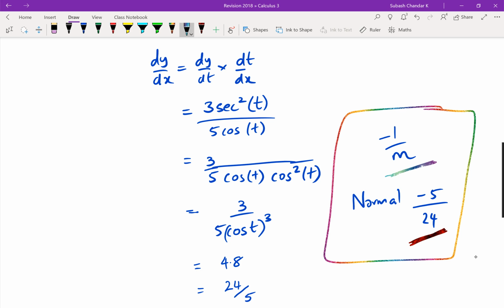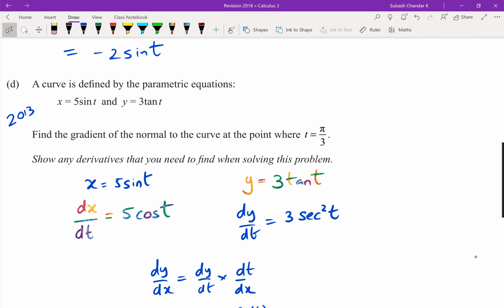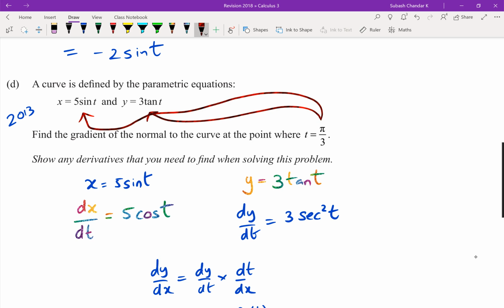Just make sure you check whether you're finding the gradient of the tangent or the normal. Sometimes they might ask for the equation of a straight line as well, and then you put t into y to get the y value, and t into x to get the x value, to get the equation of the straight line.